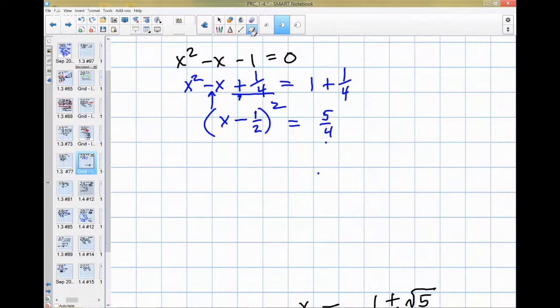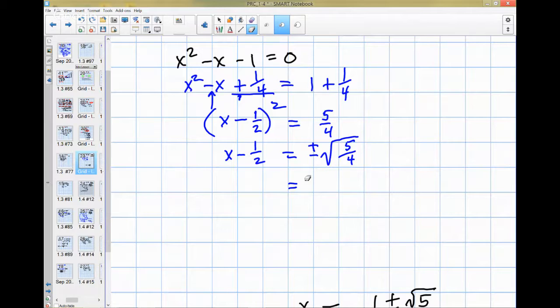Okay, so you're probably thinking, why did we do that? Well, now, because we have a perfect square, we can take square roots. So take the square root of the left side and take both square roots of the right side. By the way, the square root of 5/4 is the same as the square root of 5 over the square root of 4.